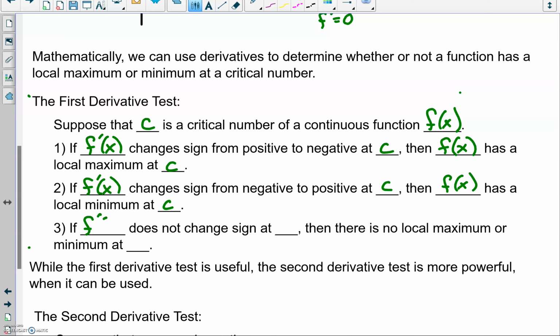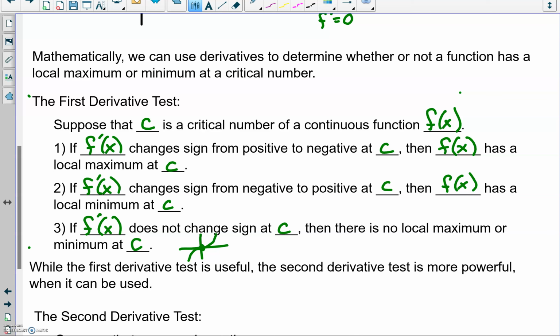And if f prime of x does not change sign at c, then there is no local maximum or minimum at c. You could think of the x cubed graph as something like this, where it's increasing, flattens out, and then increases again.